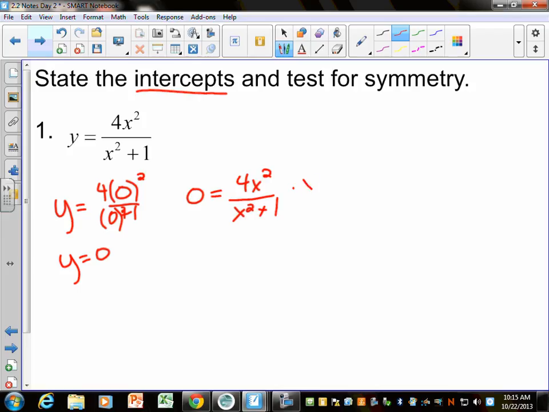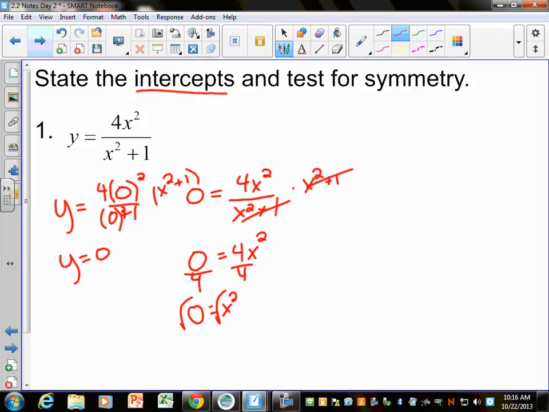If I multiply this side by x squared plus 1, it cancels out, and if I multiply the other side by x squared plus 1, you still just get 0, because 0 times anything is 0. So Taylor, you get the right answer on this one. You're not going to plug in 0 for x, but to solve this, do you agree it's just going to be 0? Because you can divide by 4, you still get 0. You can take the square root of 0, you still get 0. At any point when you realize it's 0, you can stop, but I was just showing the algebra part there. So on this one, the x- and y-intercept happen to both be 0.